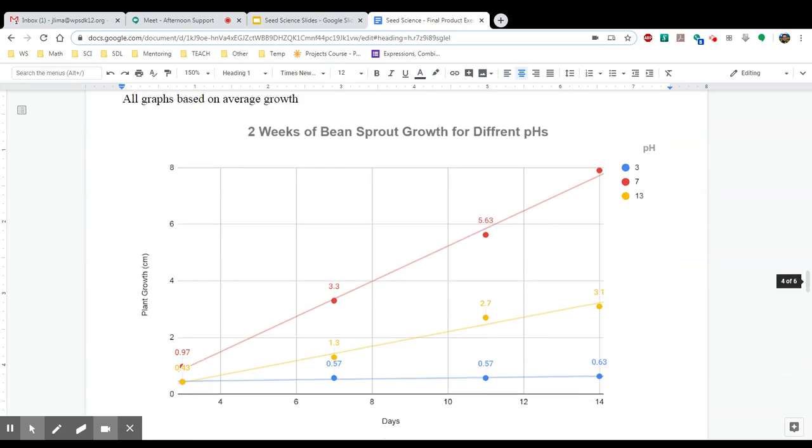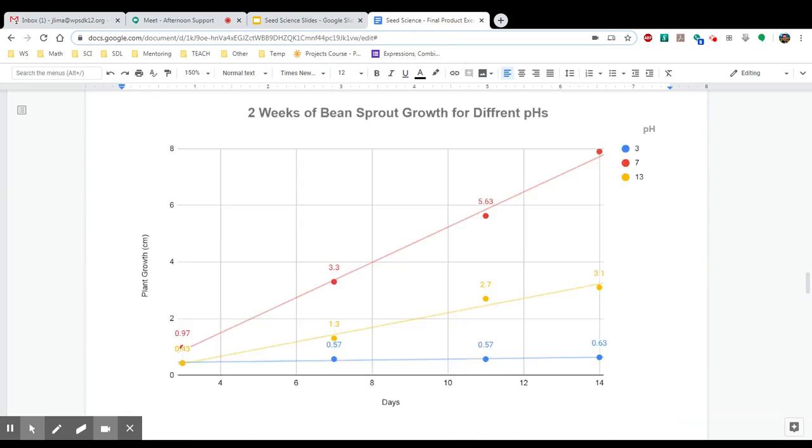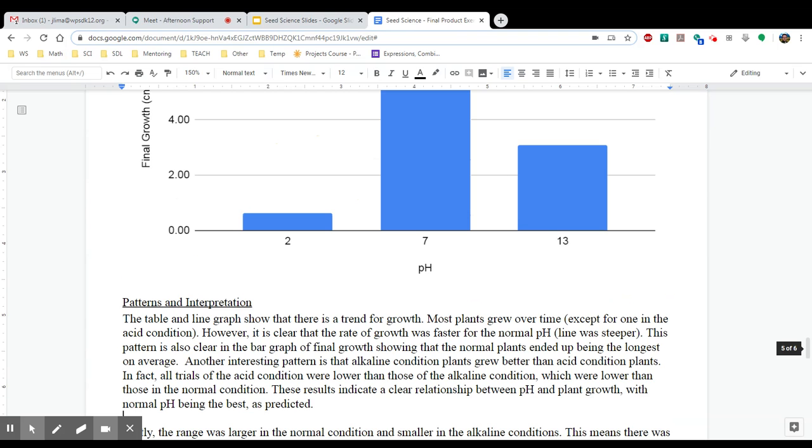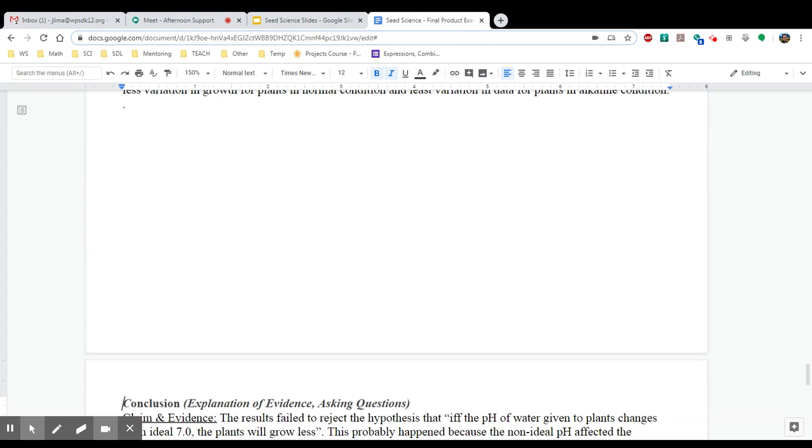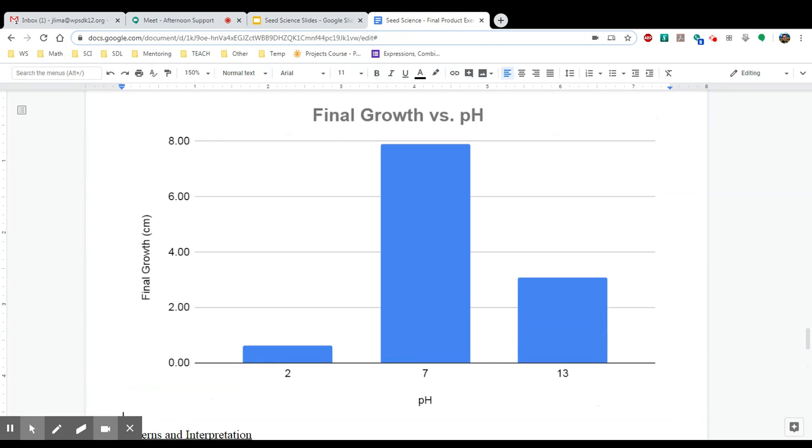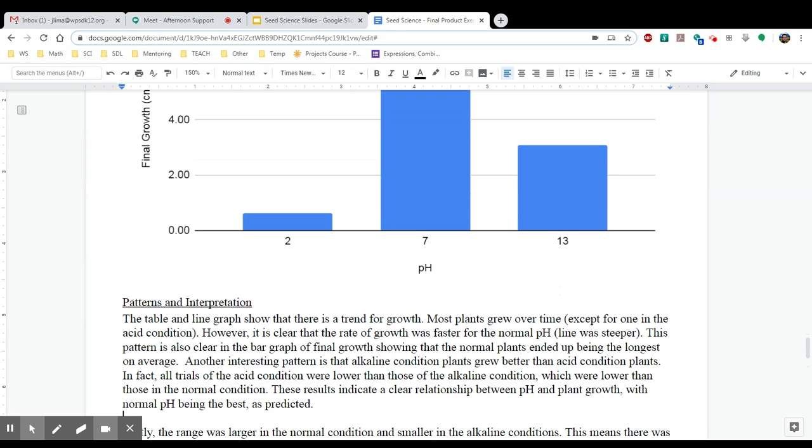But how does that look like on the results section? Well, first of all, you have a good graph, you have a good table, right? But then when it comes to the results section, you actually have language that talks about your results. For example, here I'm saying it is clear that the rate of growth was faster for the normal pH. This pattern is also clear in the bar graph and in the graph showing the lines that is steeper.